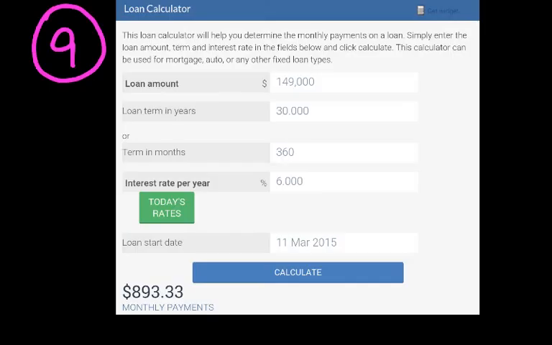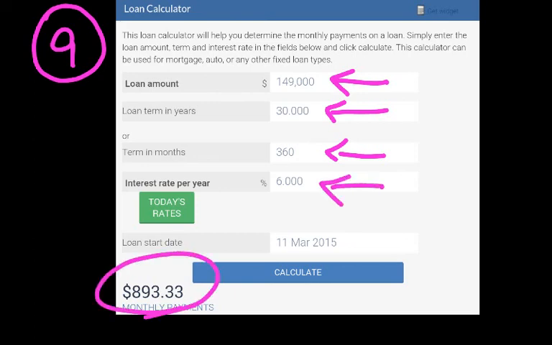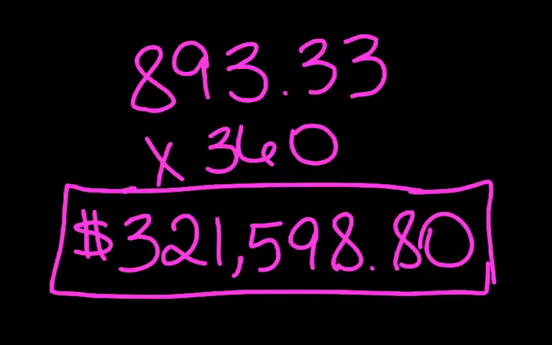Number 9 is $149,000. These are more like mortgage payments, to buy a house. Because you would normally pay for 30 years, which is 360 months, which gets very interesting when you see how much you end up paying back. So your monthly payment is $893.33.